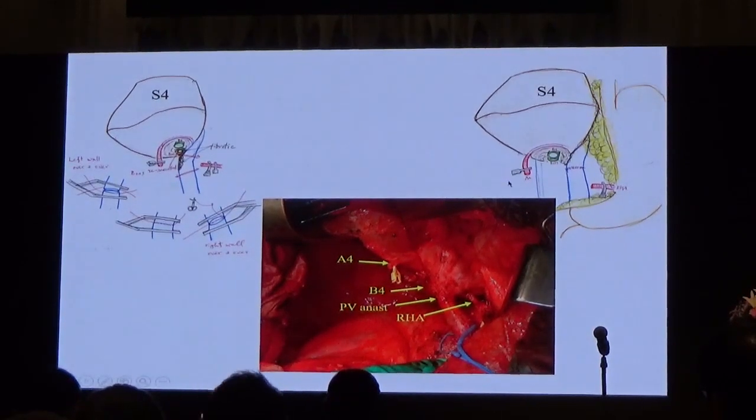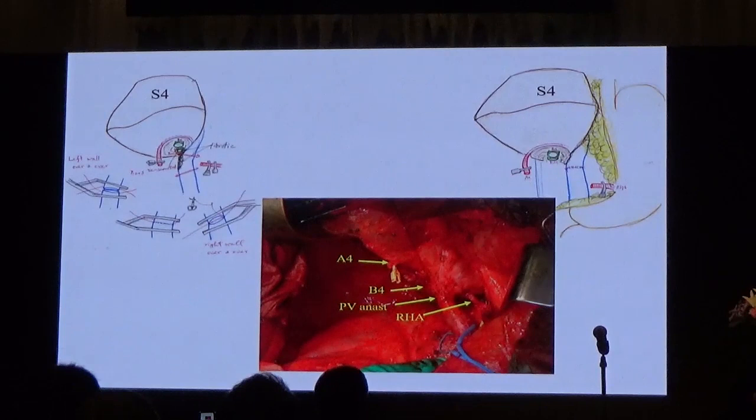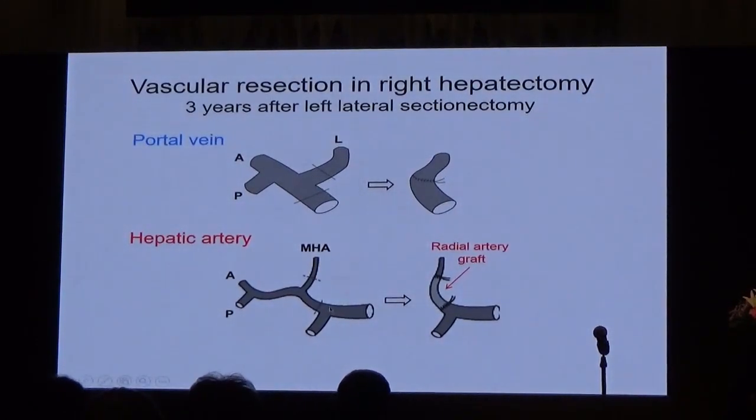After that, I asked the plastic surgeon to reconstruct the segment 4 branch of the hepatic artery like this. They prefer to use the left radial artery for reconstructing the hepatic artery. And as you can see, in this case, the radial artery graft was put between the left medial and proper hepatic artery like this.